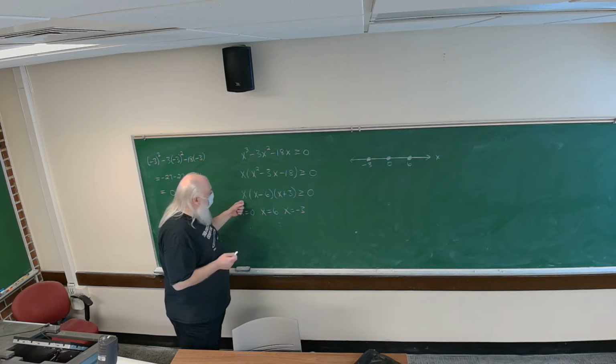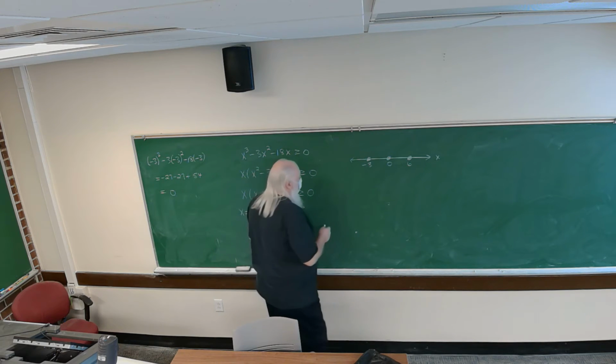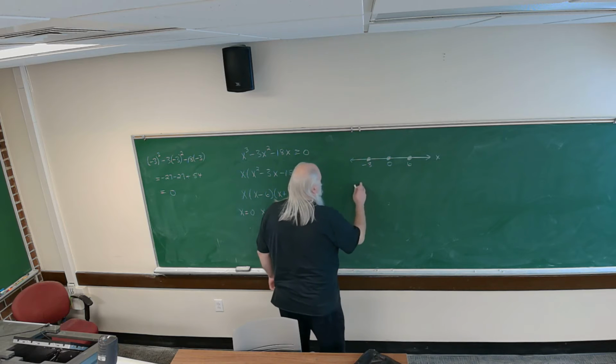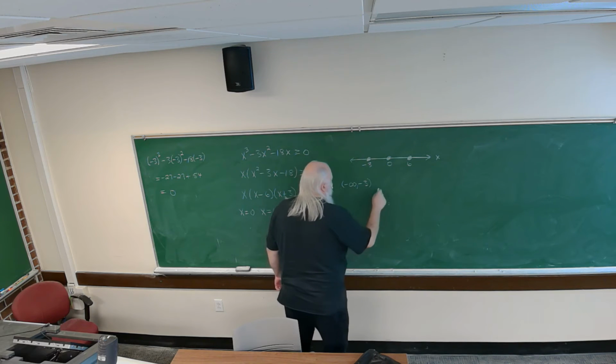So if we use the factored version here, let's write it out. We have 4 intervals. The first one goes from negative infinity to negative 3, and we use negative 4 as a test point.